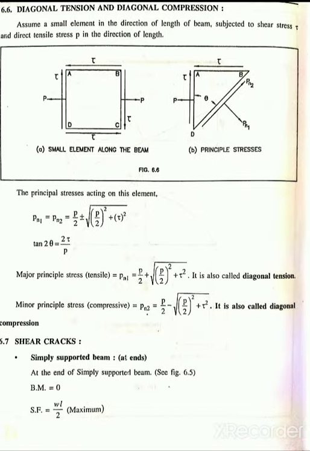Shear force and tensile stress act on it at the time the shear crack forms. So here P is equal to 0, Pn1 is equal to tau and Pn2 is equal to minus tau, in the clockwise and anti-clockwise directions. Theta is equal to 45 degrees or 135 degrees.